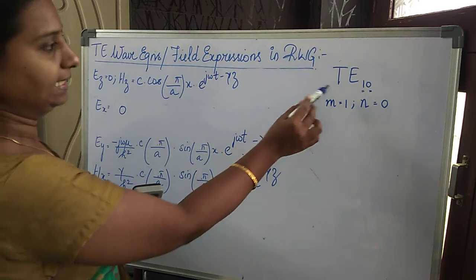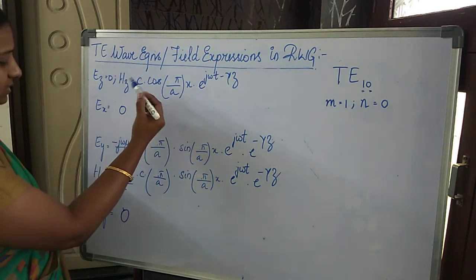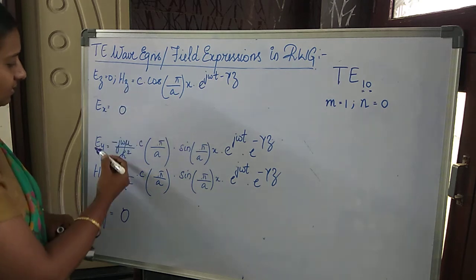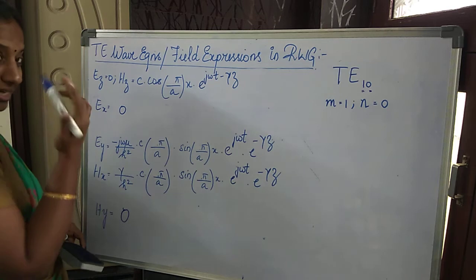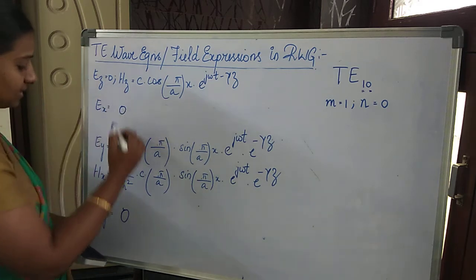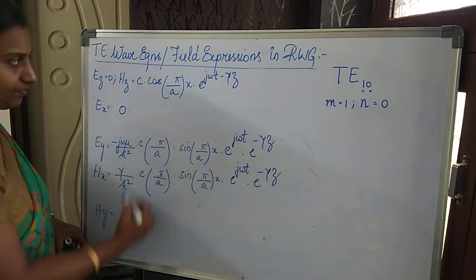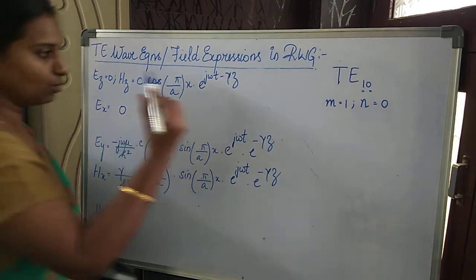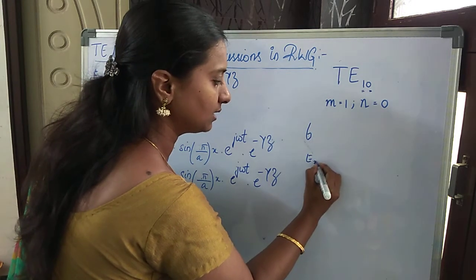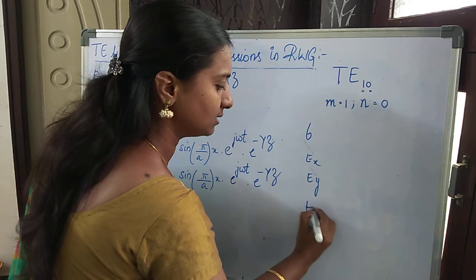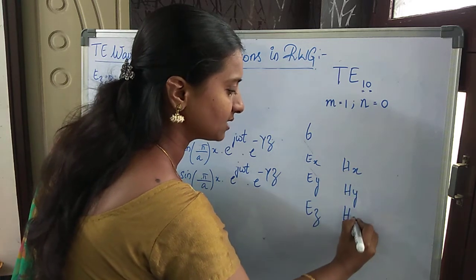So for a TE mode, I have the components Hz, Ey and Hx existing, and I do not have these three components existing, Ez, Ex and Hy. So I have three components out of 6 field expressions, Ex, Ey, Ez, Hx, Hy, Hz.